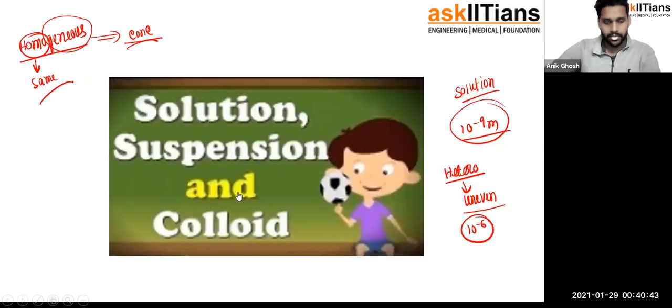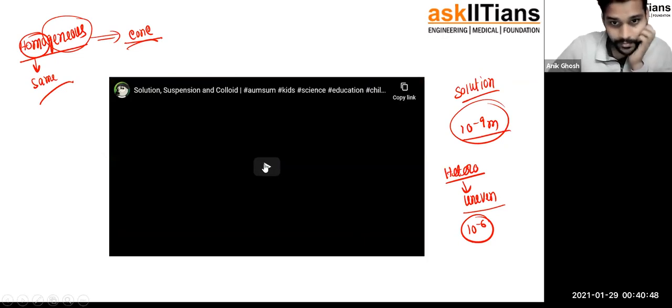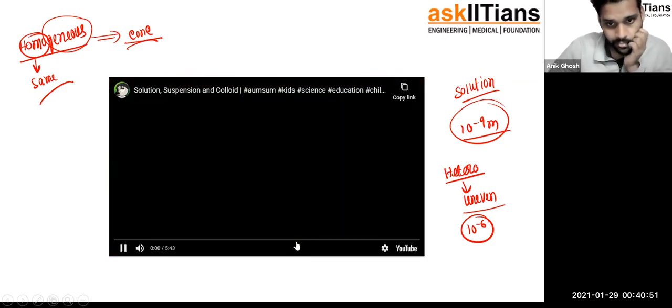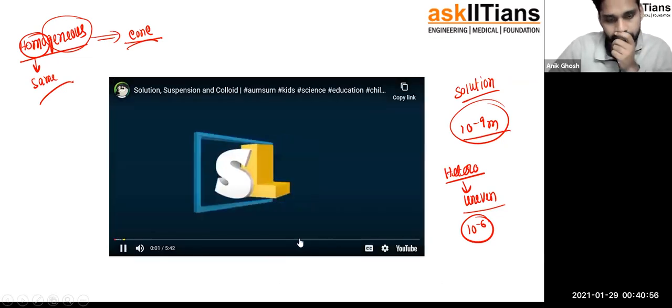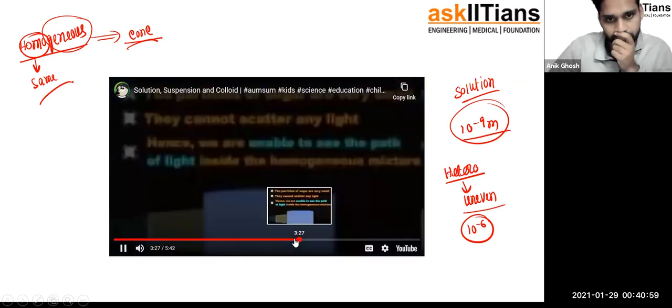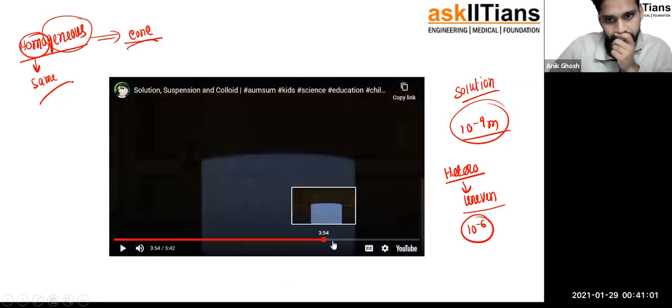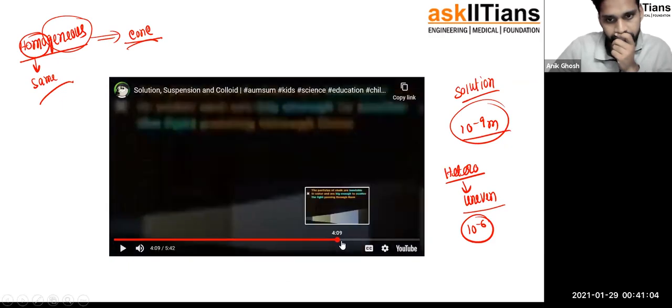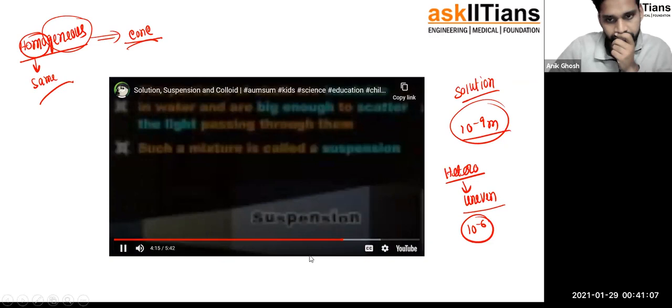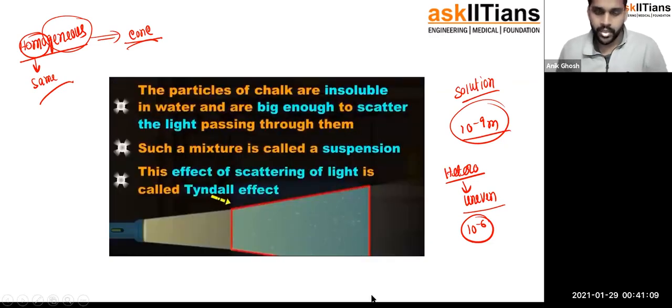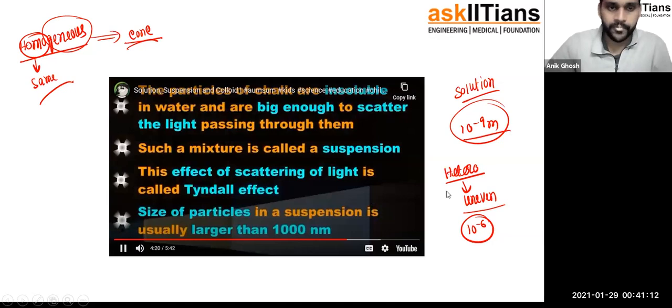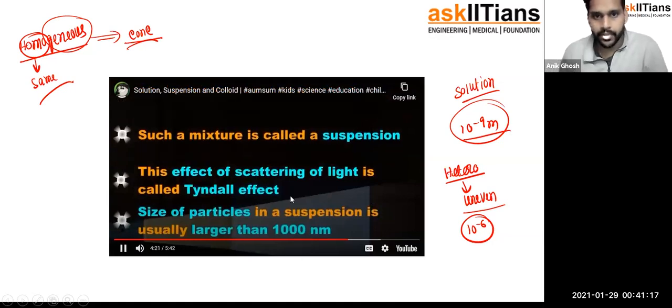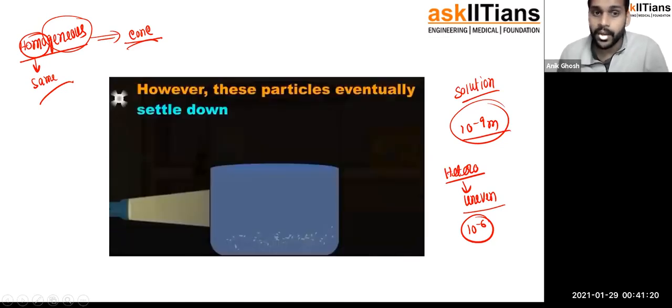So that was for the suspension, right? However, these particles eventually settle down.